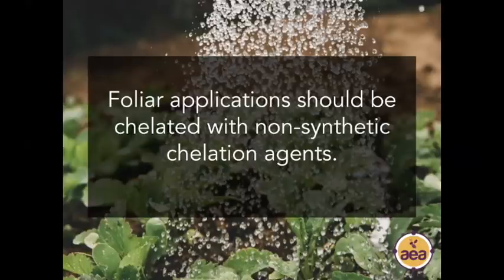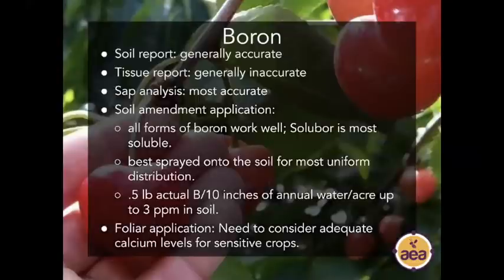It is also critical for in-furrow applications at planting. And the only case in which I would suggest that chelation is not needed is when we are making soil amendment type applications. And the soil amendment type applications are only appropriate for some trace minerals in some situations. So let's get into that.